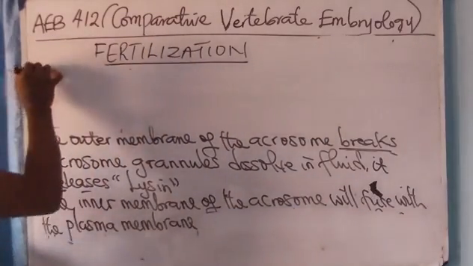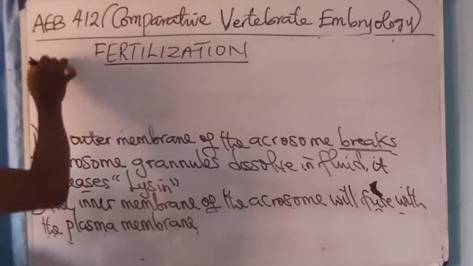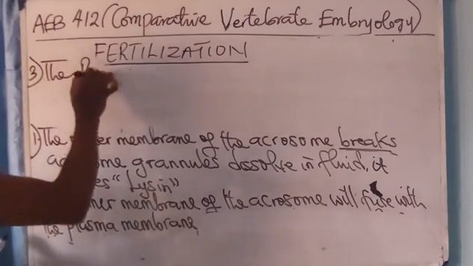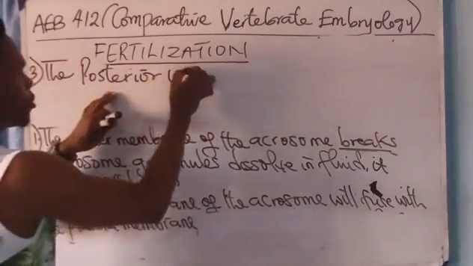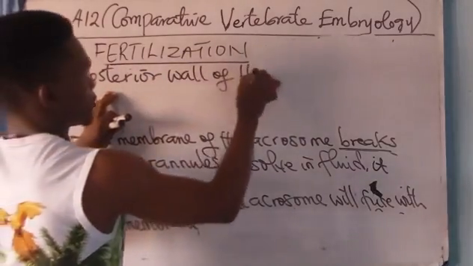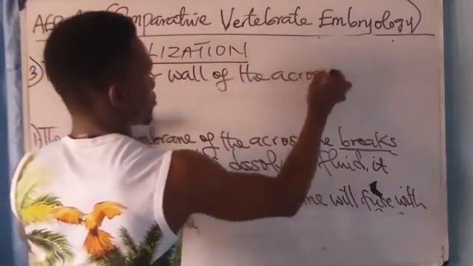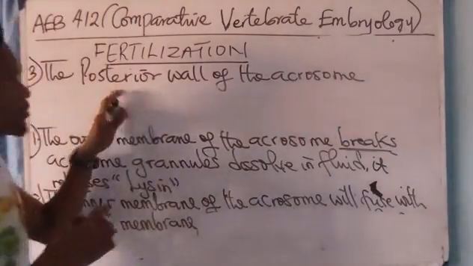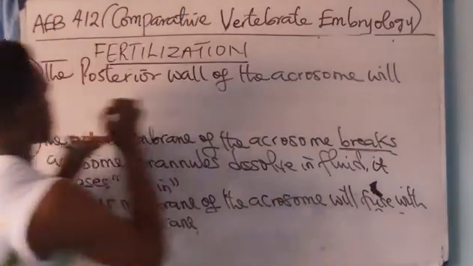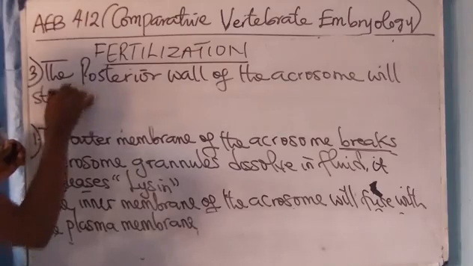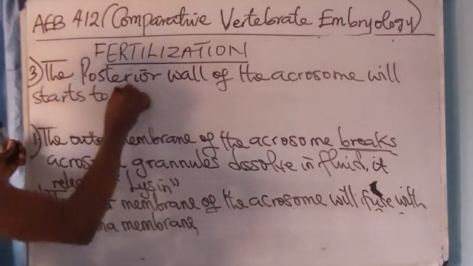The third one is the posterior wall of the acrosome. The posterior wall of the acrosome will start to elongate.